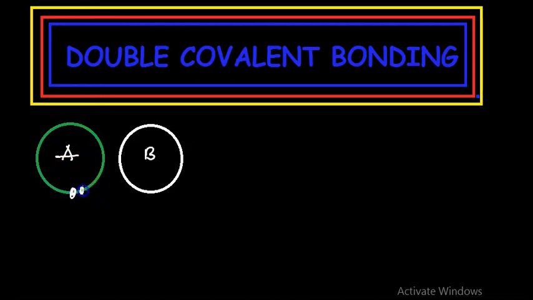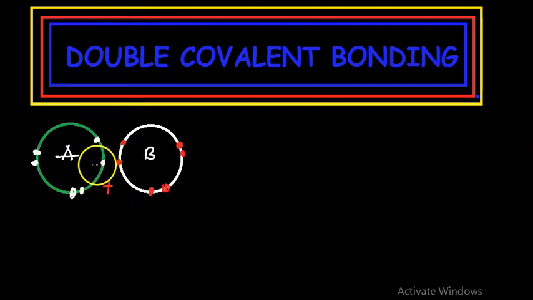Atom A has 1, 2, 3, 4, 5 and 6. In the case of atom B, we have 1, 2, 3, 4, 5, and 6. Since we are talking about double covalent bonding, let's denote the positive sign here.